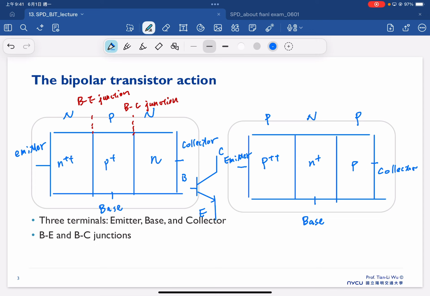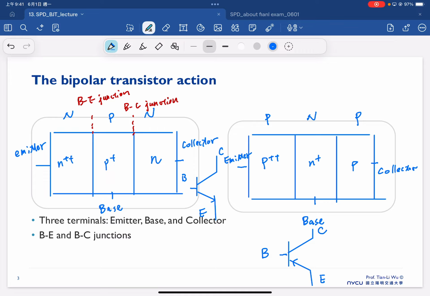So if you look at the circuit symbol for this PNP, which is shown in here, still we have the base here, but now we have a collector and then emitter, but now the arrow is in this direction.